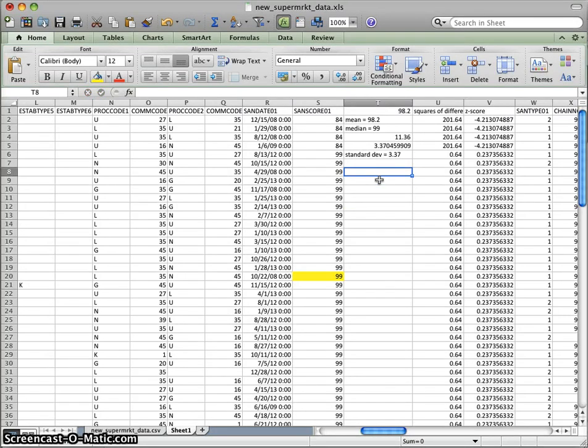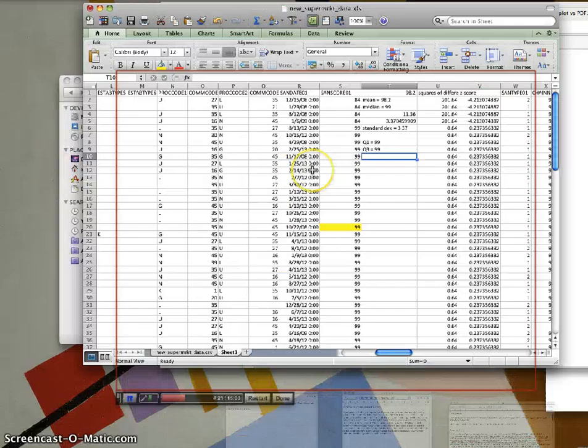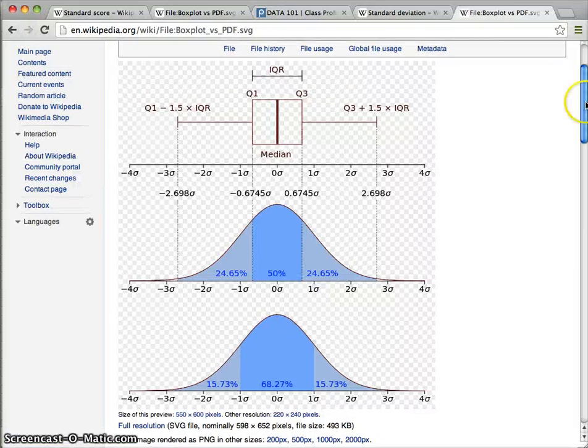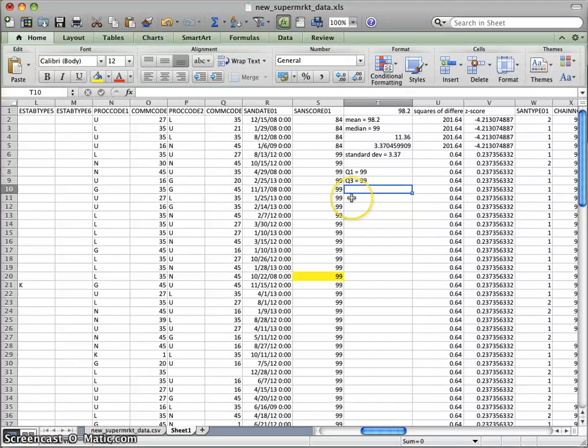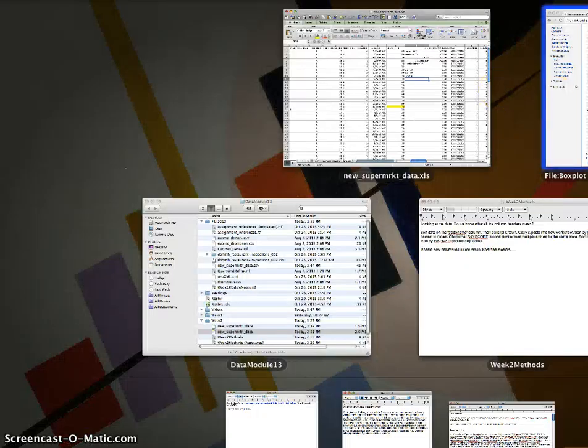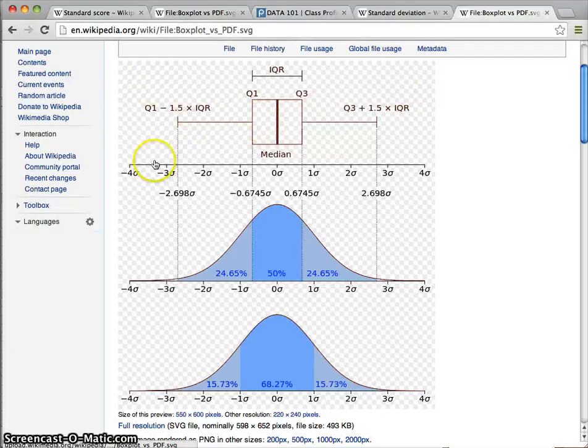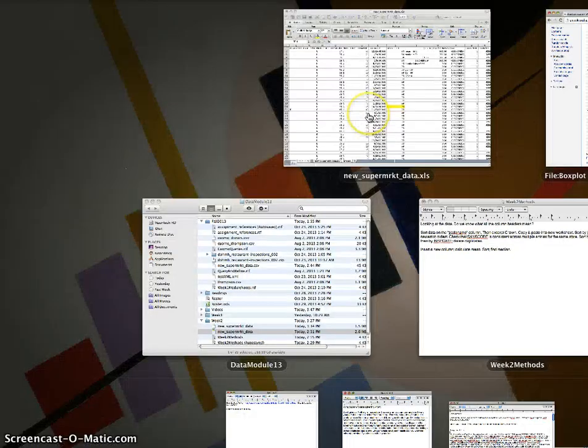We know that the median is 99, Q1 is 99, and Q3 is 99. The IQR is supposed to be the difference between Q3 and Q1, so it's going to be 0. That means our bottom value, which is meant to be Q1 minus a multiplier of the IQR, and our top, which is Q3 plus a multiplier of that, right?